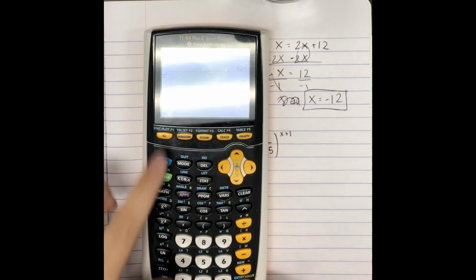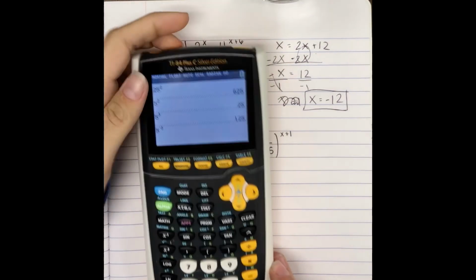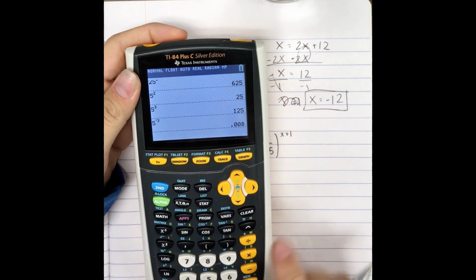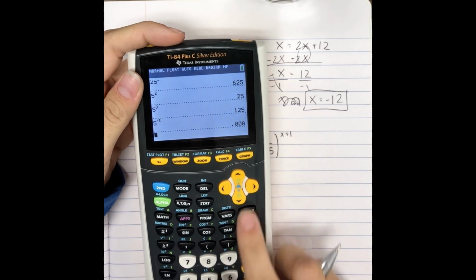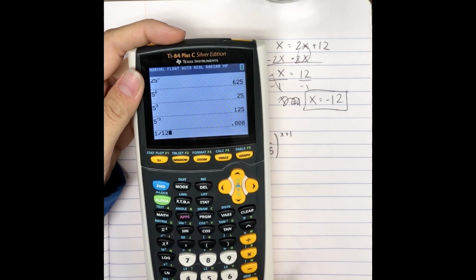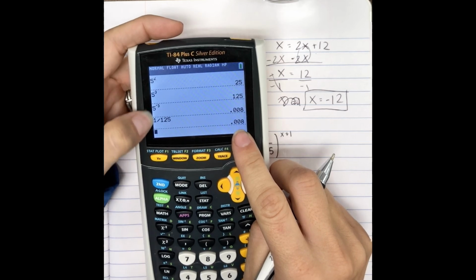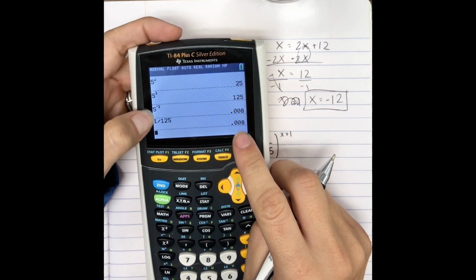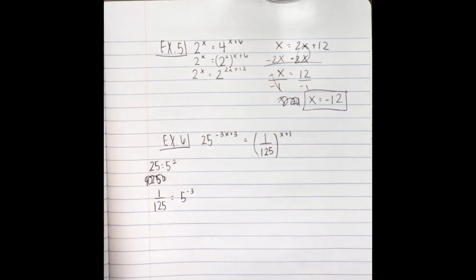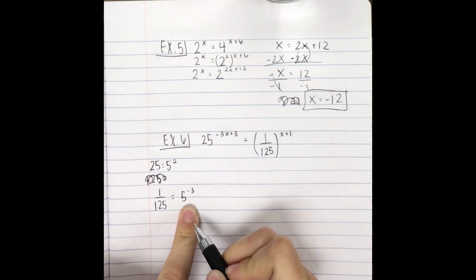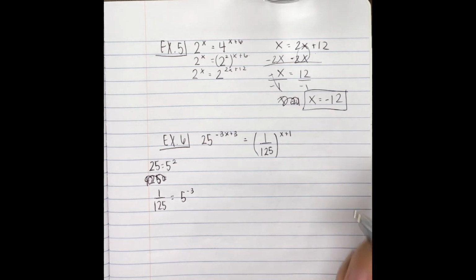Let's just show you, 5 raised to negative 3 gives us 0.008, right? Same thing if I did 1 divided by 125, it gives you the same decimal. These two things mean the same. So we're rewriting 1/125 to be 5 to the negative third.